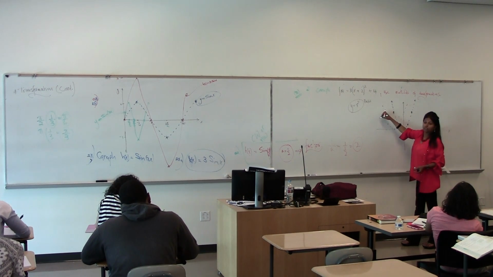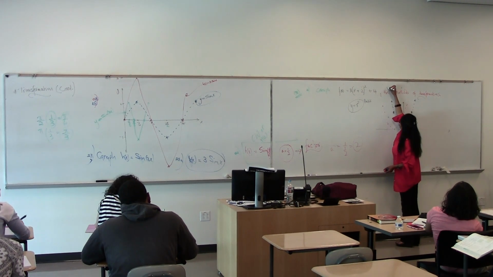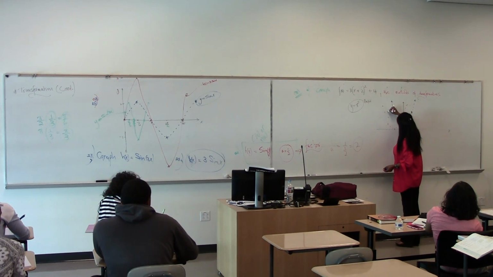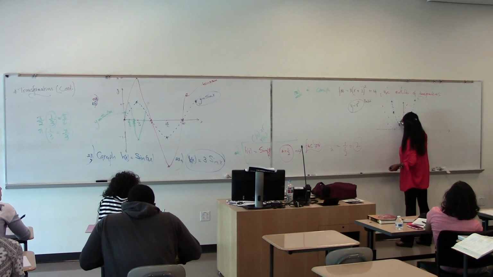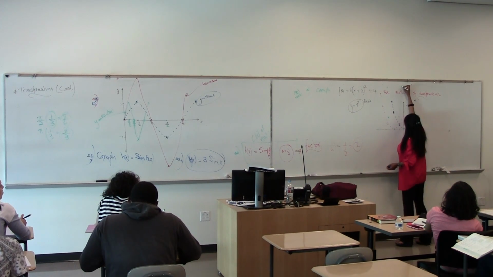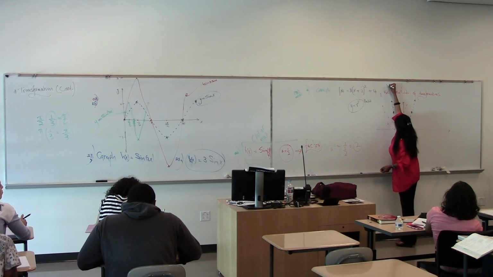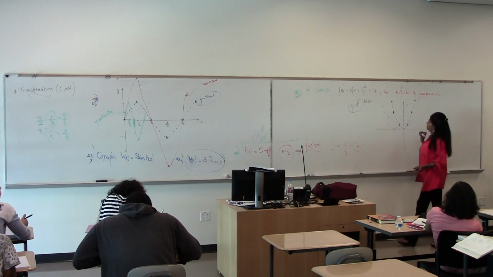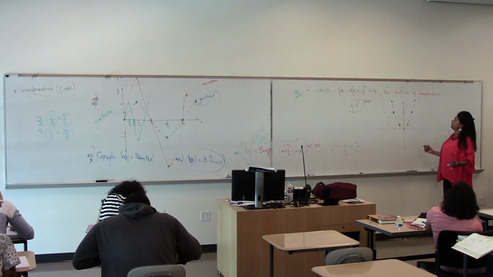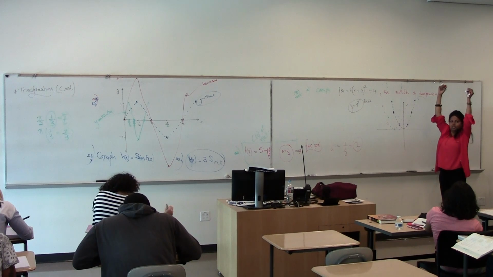Multiplied by 3 is, what is it? 12. So here this one, so far we have this. You guys see this, class? Yes. So this is a vertical stretch.